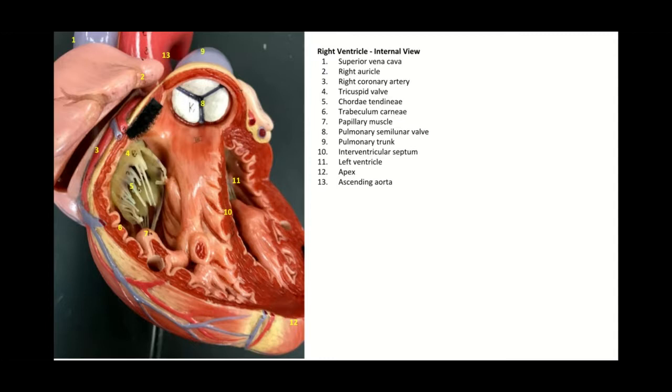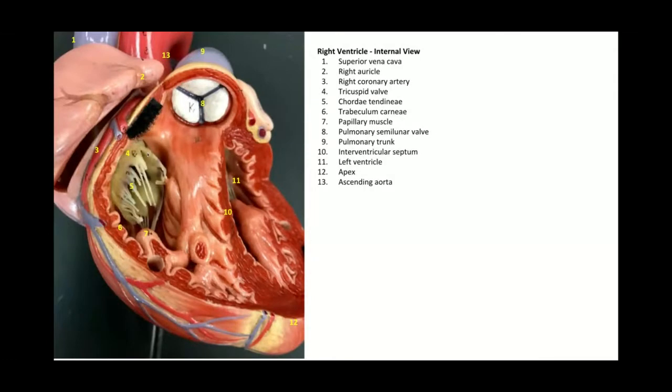When this chorda tendini is slack, the valve is open and the blood can come down from atria to ventricle. When these chorda tendini become taut due to contraction of papillary muscle, the valve becomes closed and the blood cannot go back or regurgitate back to our atrium.